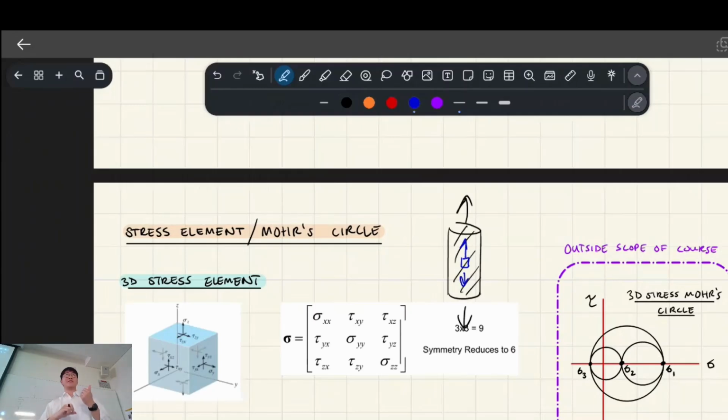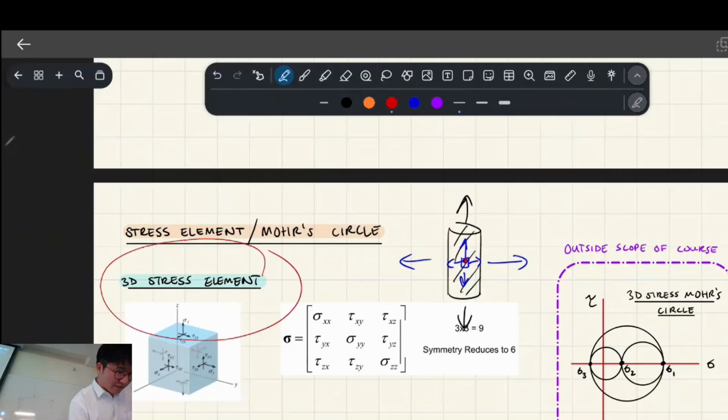You're getting pulled in tension. But if for whatever reason this rod also got stretched sideways, now you're doing biaxial stress, and then also into the page, now it's triaxial. So there are 3 dimensions you have to consider. That's a 3D stress element.